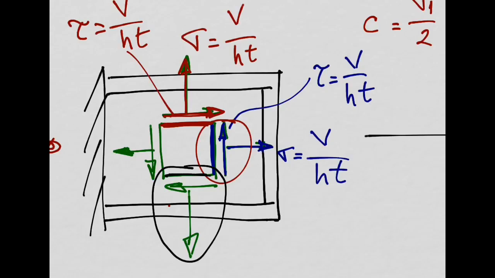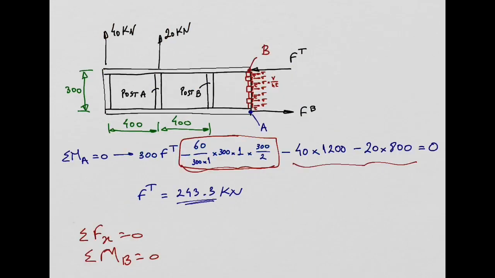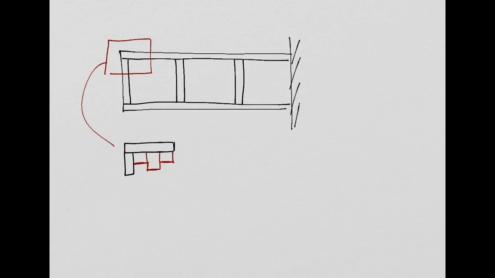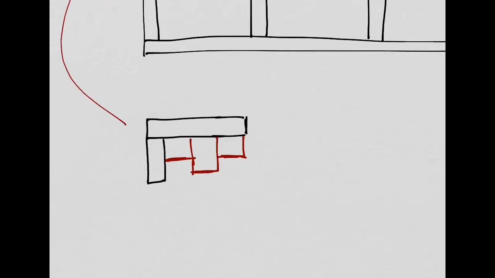This shear plane here in black will have the direct stress, which is again equal to V over HT, right? And it will have that shear stress, right? So this plane here at the bottom, keep that in your mind, because it is going to be that same plane here at the bottom with a direct stress which is equal to V over HT, yeah?